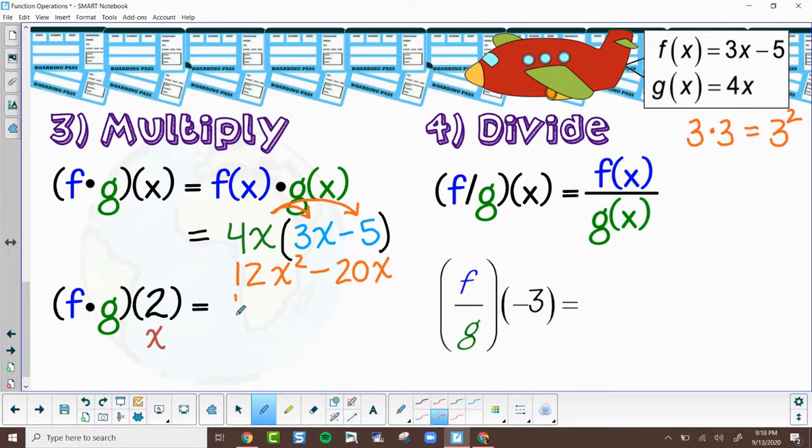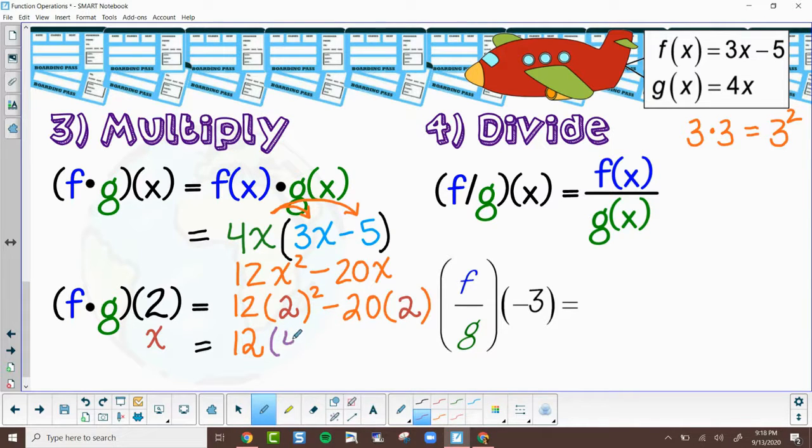So I'm going to take 12. Looks like I'm going to have to square that. Minus 20. Wherever I see an x, I'm going to plug in a 2. All right, here's where we got to be careful again, because I'm going to keep the 12. So I'm going to square the 2 and take care of that first.